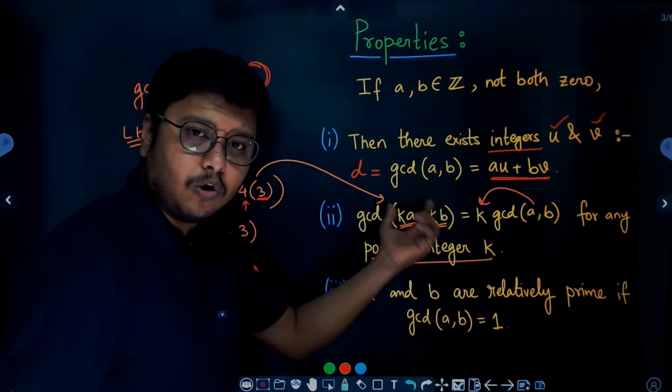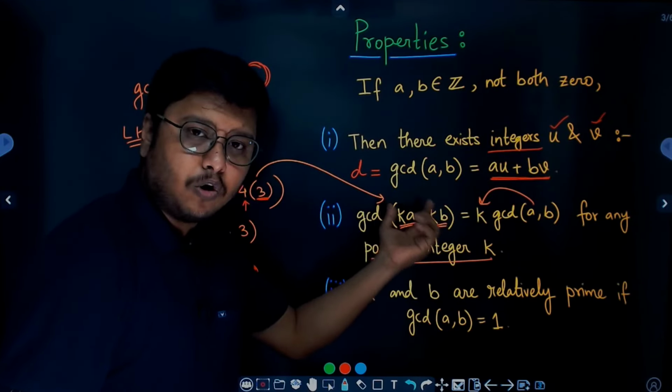Lastly, coming to the third property, we are going to say two integers are relatively prime. The word is important, relatively prime, if they don't have any factor common. That means one is always common by default, so I'm not counting that.